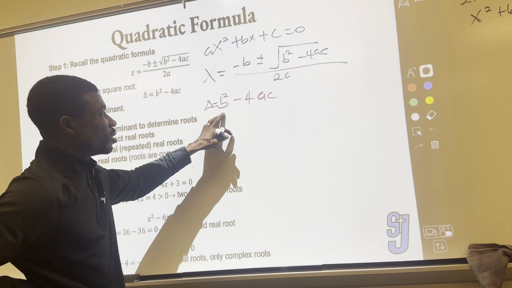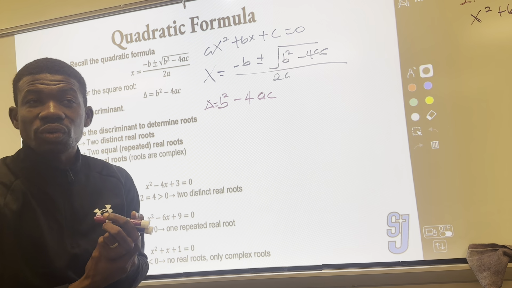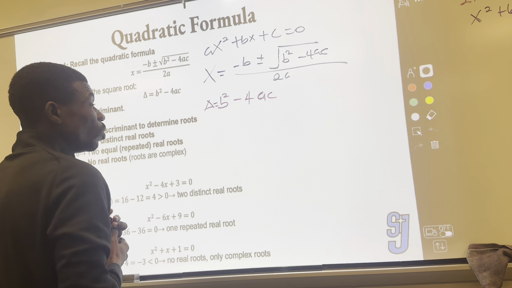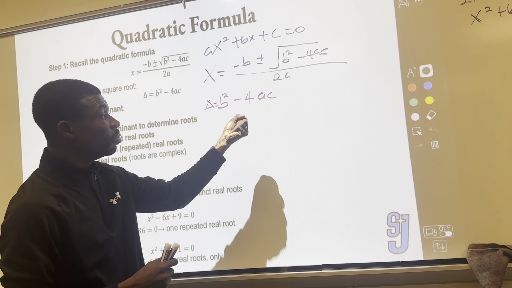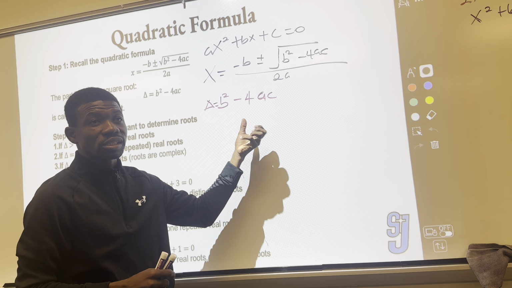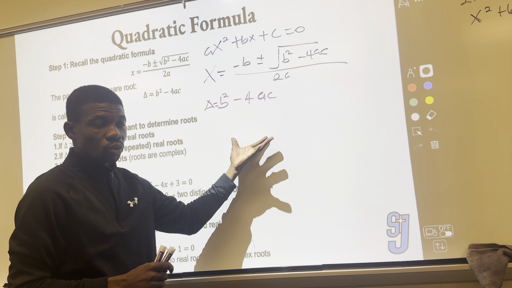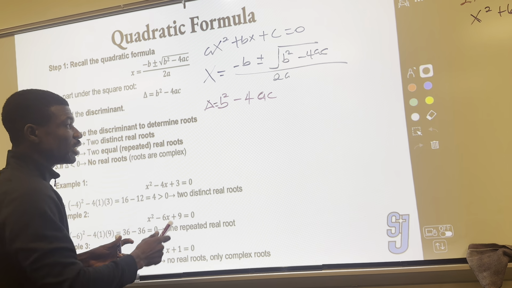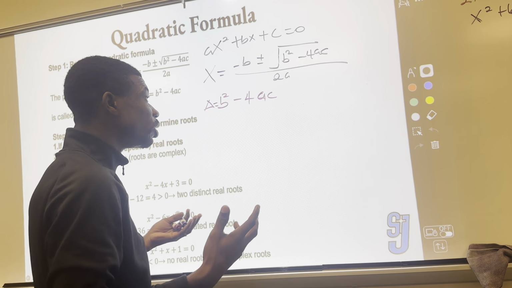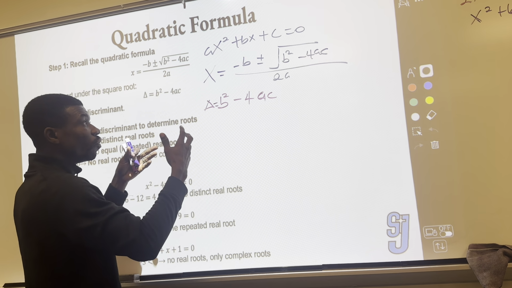This is a means to test which method is very good to solve the equation, because we know that the factoring method cannot solve equations that have complex solutions. If you test for this, it gives you an idea of which method is good. It also tells you the nature of the roots of the equation.